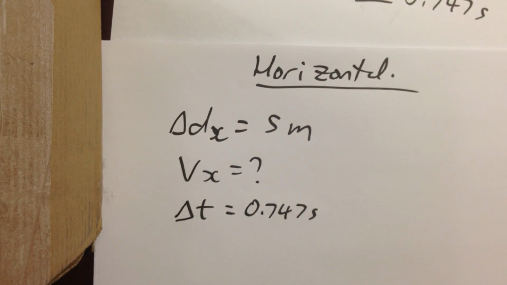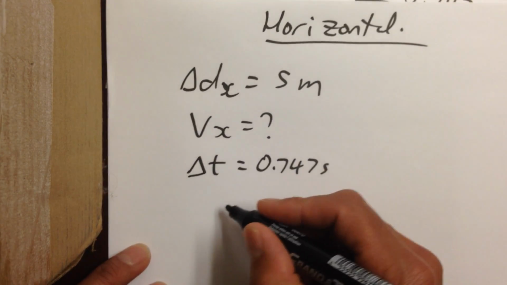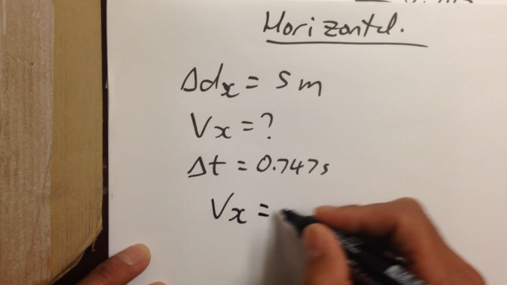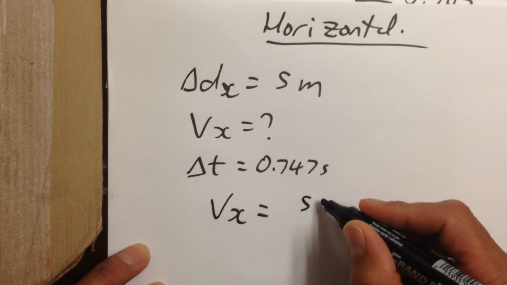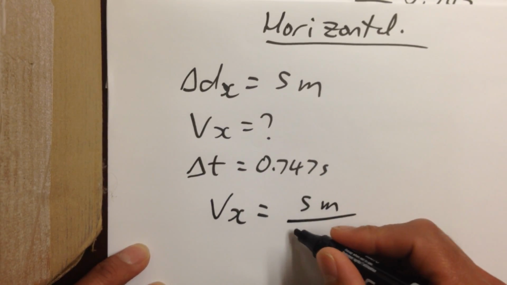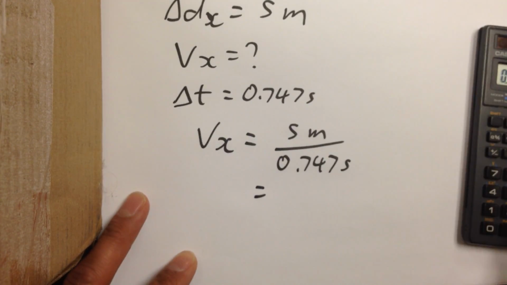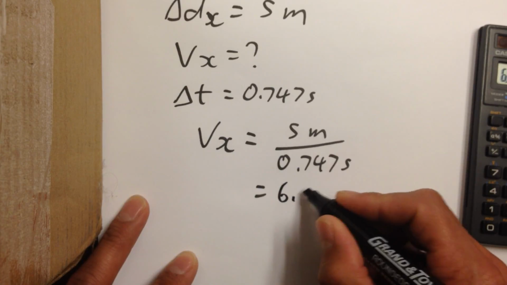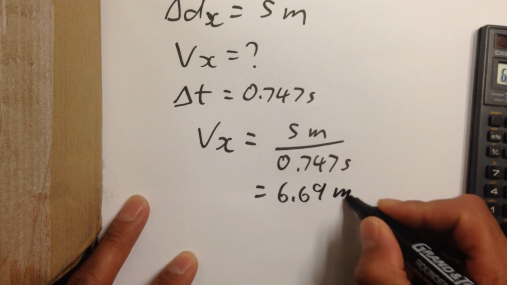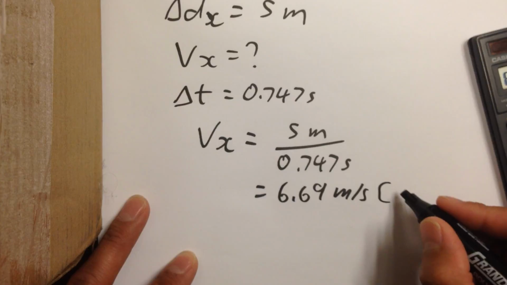Now, there's no acceleration horizontally. Strictly speaking, there'd be a bit of air resistance slowing the ball down, but we're going to ignore that because our speeds are relatively low. So the velocity in the x direction is going to be 5 meters forward divided by 0.747 seconds, and that's 6.69 meters per second forward.